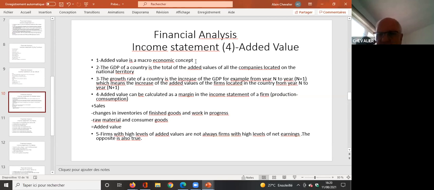So it is a geographical basis, which is the basic rule for the calculations. It's not a question of ownership. So the added value by all the companies located in Vietnam are added, and the result is the GDP of a country.